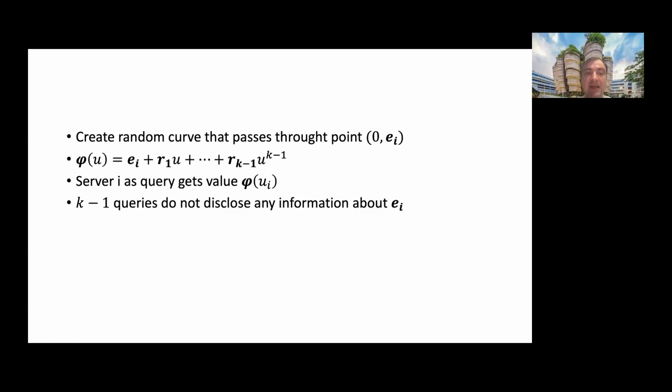Clearly, k-1 queries do not disclose any information about e_i, because we just secretly share the indicator vector of the file of interest by Shamir secret sharing. So we Shamir share e_i.